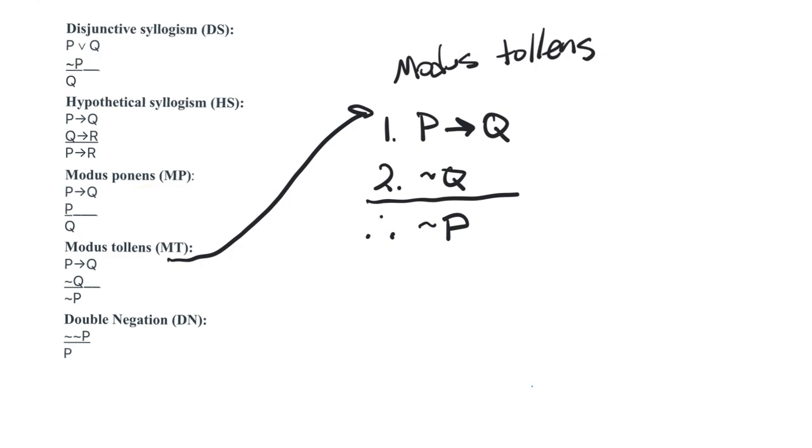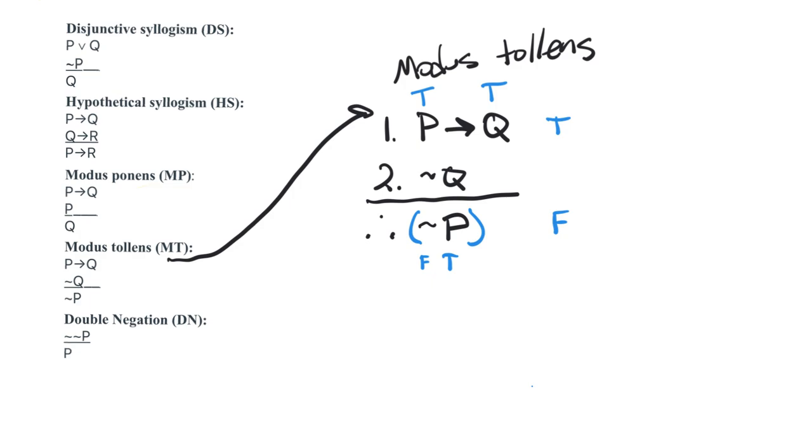So let's show why it's not possible for this argument to have true premises and a false conclusion. So let's see if we can make this conclusion false and the premises true. If the conclusion tilde P is false, P must be true. So premise 1, if P is true and the conditional is true, then Q must be true.